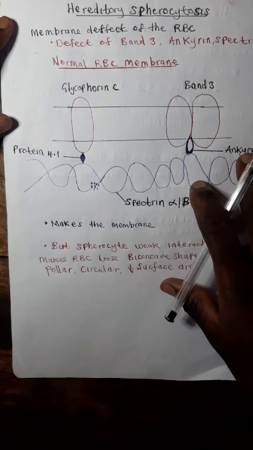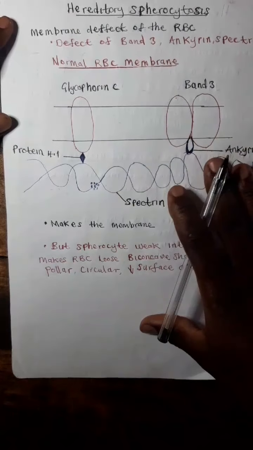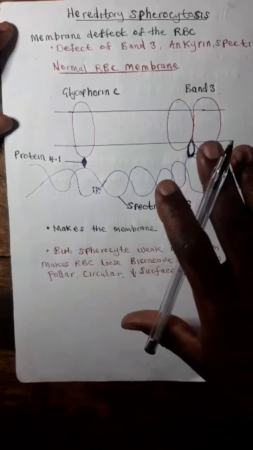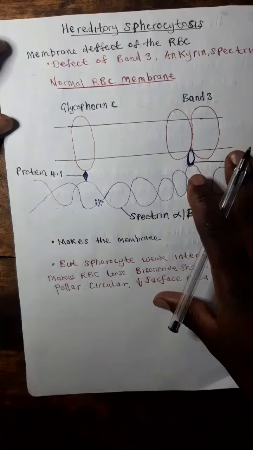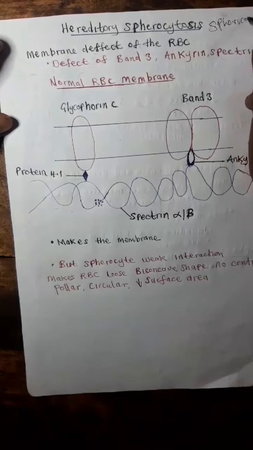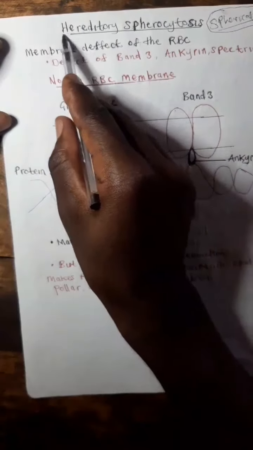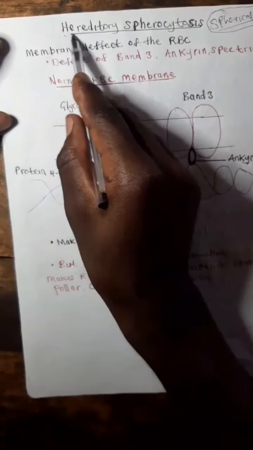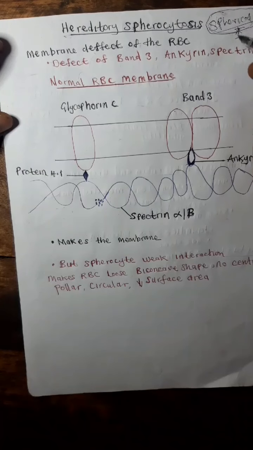Let's talk about hereditary spherocytosis. Hereditary spherocytosis simply means the red blood cells have a spherical shape. Normally, red blood cells are biconcave. Now, a person with the gene that produces this type of spherocytosis can suffer the condition of anemia.